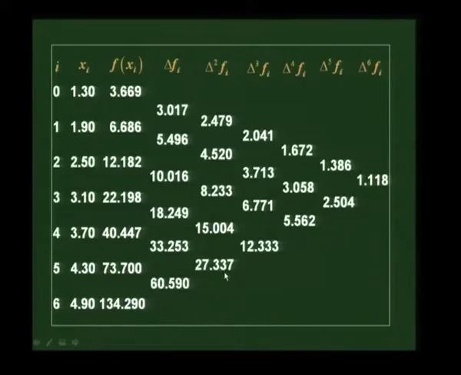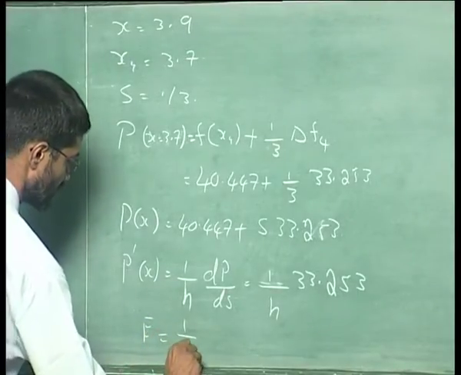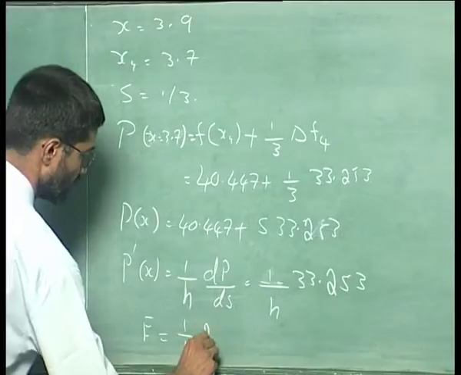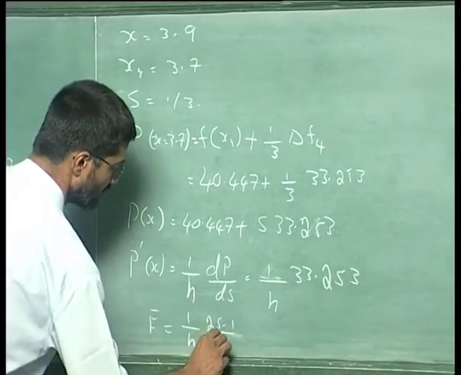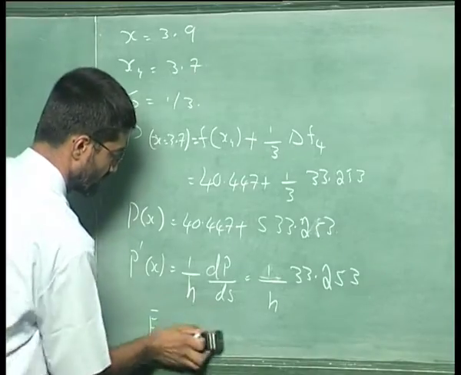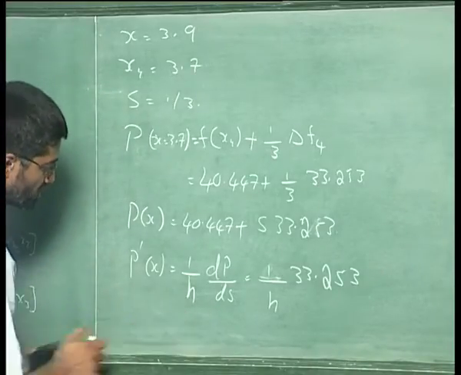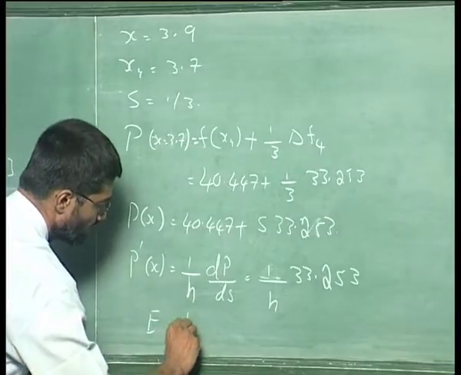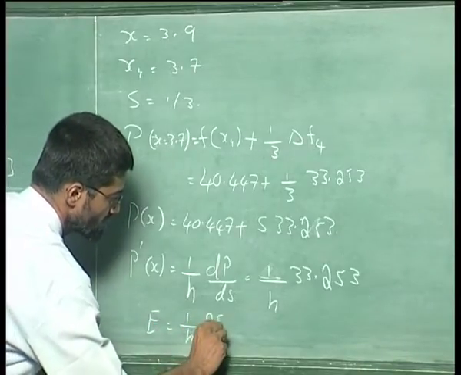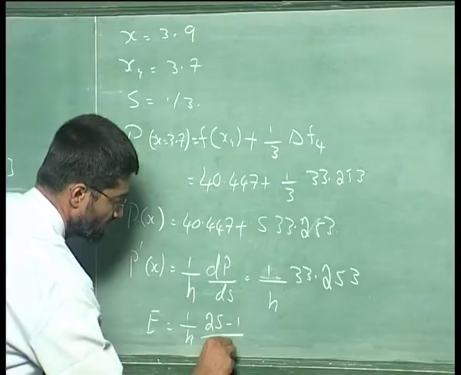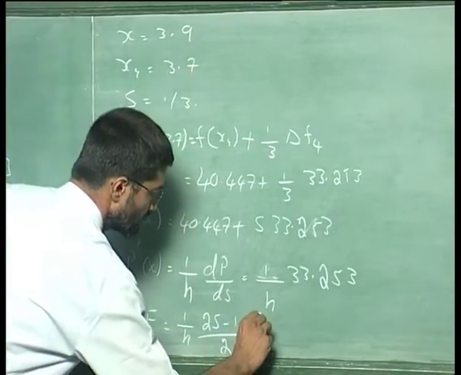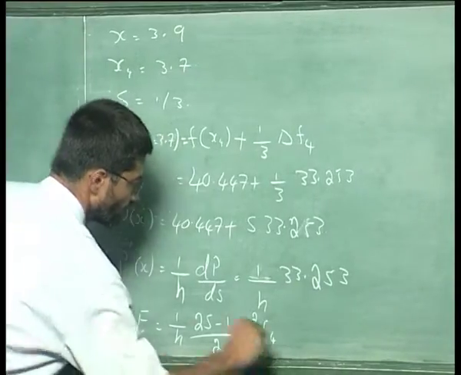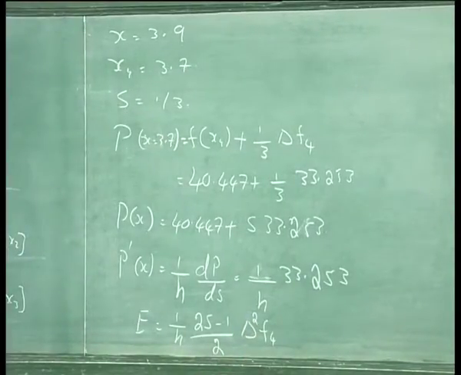So the error term, which I call E, is 1 over h into 2s minus 1 by 2 into del 2f4. That's the error in the term.